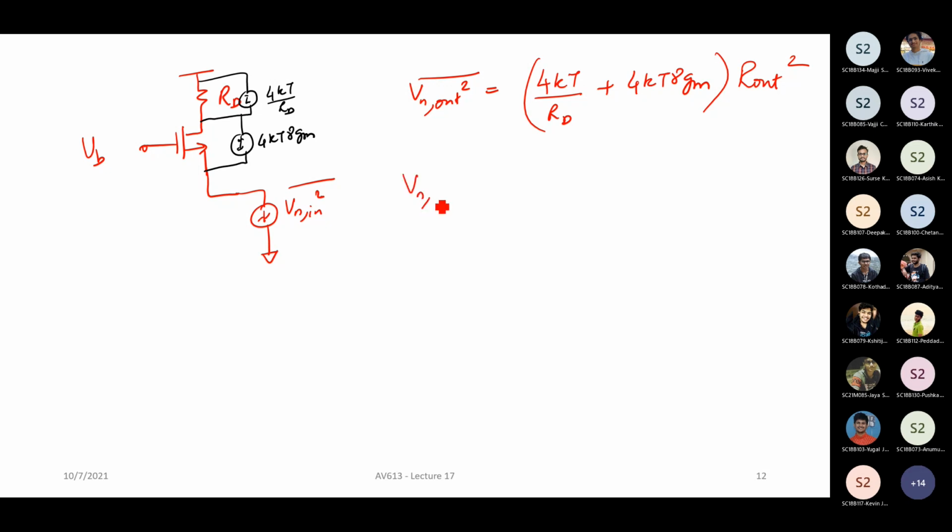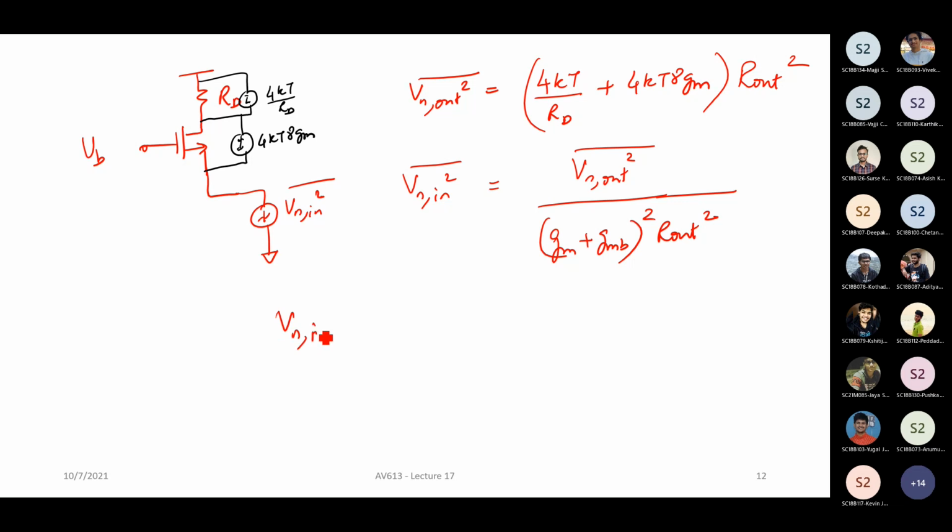Now, what is your Vn in squared bar? This is nothing but Vn out squared bar divided by gm plus gmb, the whole squared, multiplied by Rout squared. So in other words, your input referred noise voltage power spectral density is nothing but 4kT (1 by RD plus gm) divided by (gm plus gmb) the whole squared.